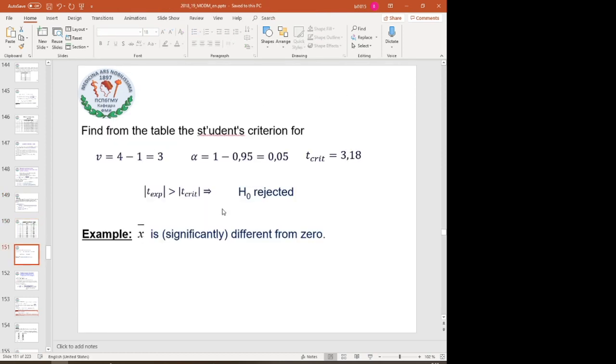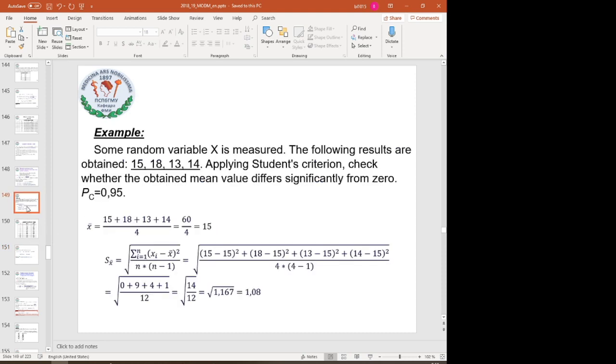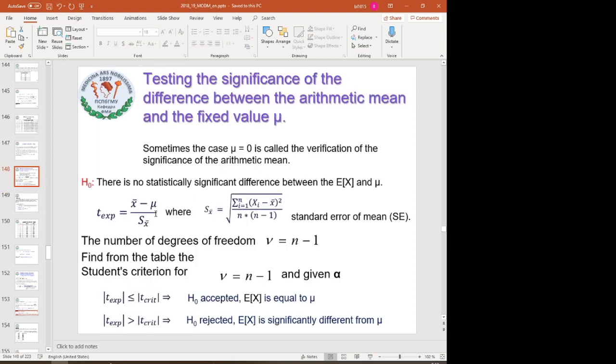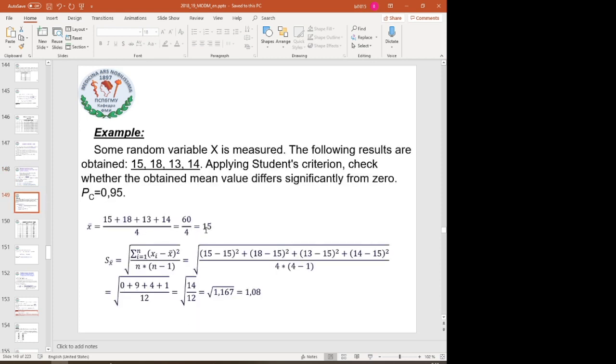Then we should divide this value. Following the example, we should divide 15, the difference between our mean and 0, over the standard error just calculated, which is 0.8.